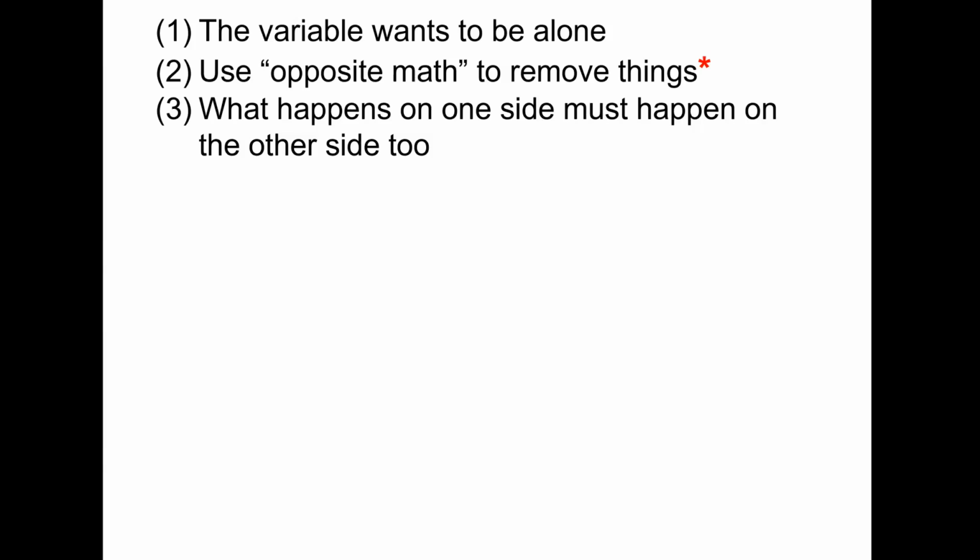What about this situation? 14 divided by an unknown number gives us 2. You'll notice that there's an asterisk, a little red star, next to rule number 2 on this slide. And that's because this is the only situation where opposite math doesn't work.